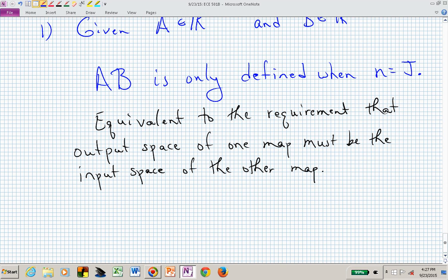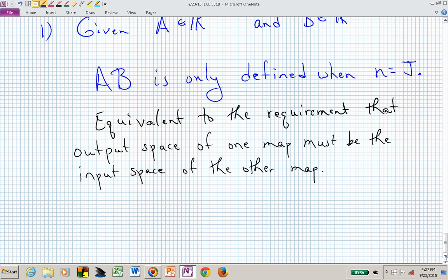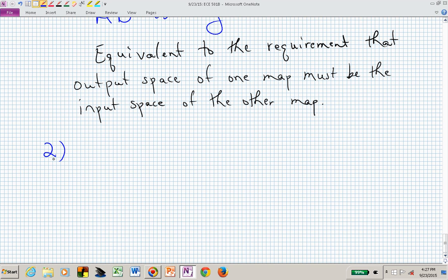Another property that we want to maintain is the following.